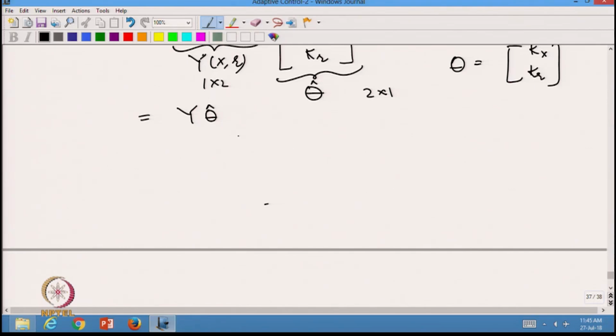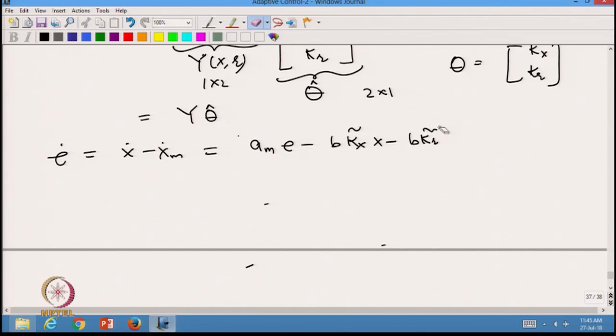Okay. So again, e dot is given by x dot minus xm dot, and we follow a similar procedure as before, and we end up with am e minus b. So what did we get previously? We got something like this, plus a disturbance term.